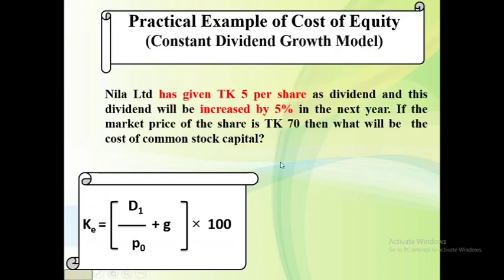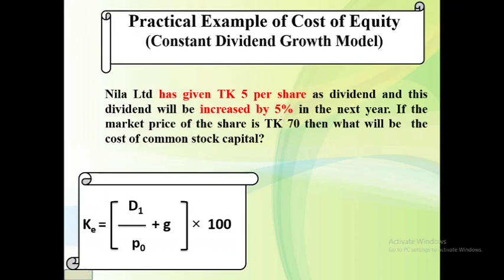Here we see that the dividend of the company will be increased by 5%. From that, we can guess that we have to calculate the cost of equity by using the constant dividend growth model because here dividend is increased by a fixed rate, that is 5%.